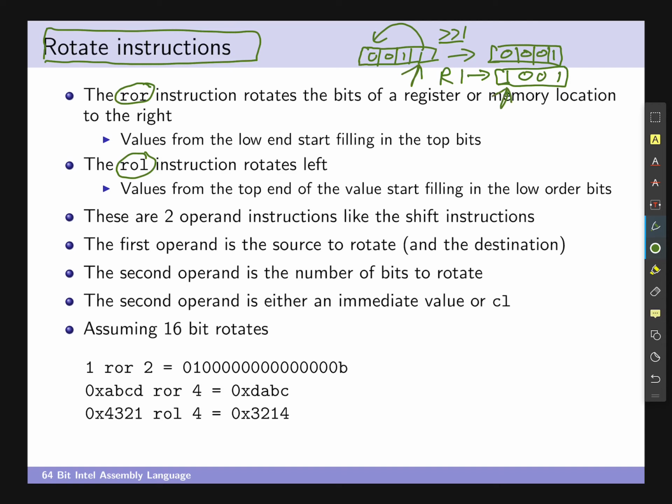So it becomes a cyclical approach. If I were to keep rotating, I would eventually get my bit string back to its original form. Now the place where the lower order bit goes will always be the highest order bit, and that will depend on how big your register is. So for example, if I'm performing a rotate on a 64-bit number, that lower order bit would go to the 64th bit, or the 63rd indexed bit, and the same thing would apply for smaller registers.